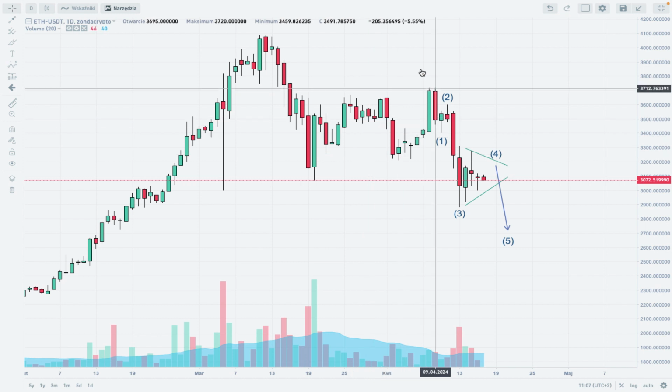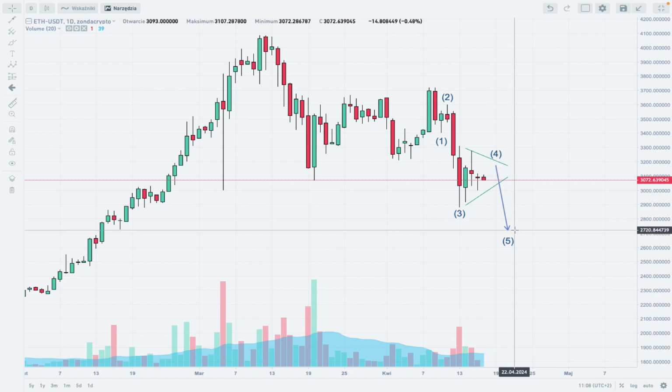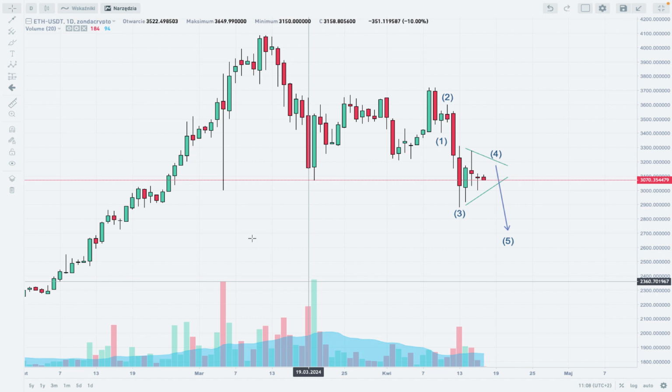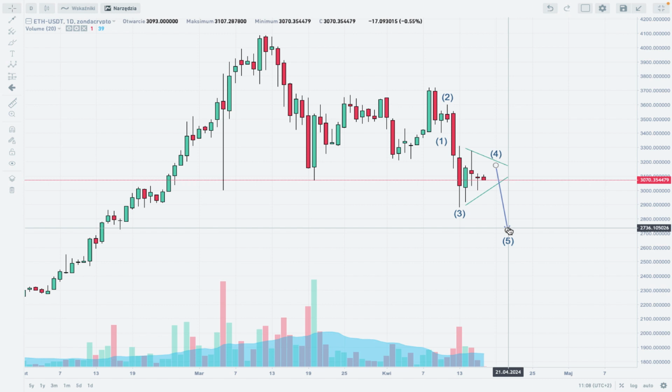So we got the major wave B here, 1 2 3 4 5 to the downside, wave C, irregular flat correction to the downside on the Ethereum. This is a textbook example of this kind of movement, so please be prepared for the completion of the triangle, termination of this triangle, and then breakout to the downside.